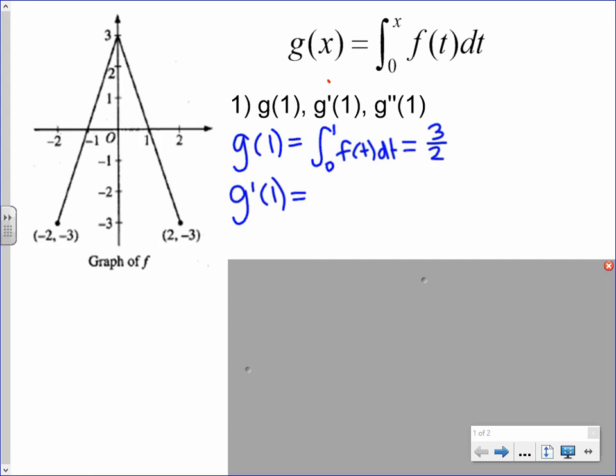If we take the derivative, g prime of x, what's the derivative of this antiderivative? f of x. Okay, so when I ask you for g prime, back up one more time. This graph of f is the derivative of g. This is the derivative graph right here. So when I ask you for g prime of 1, I'm asking you for f of 1, which is 0.